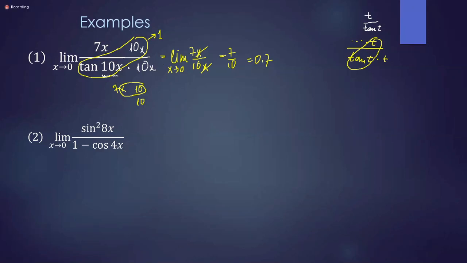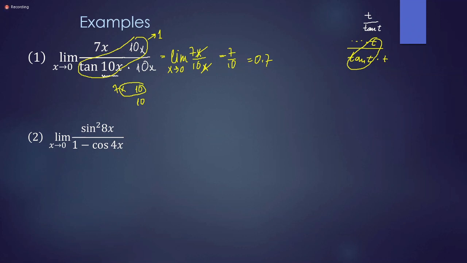Next, the same kind of limit can be used when we are dealing with expressions like 1 minus cosine something. In this case, I would say the easiest thing to do, arguably, of course, is multiply by the conjugate sum, because that's something that's easy to remember.